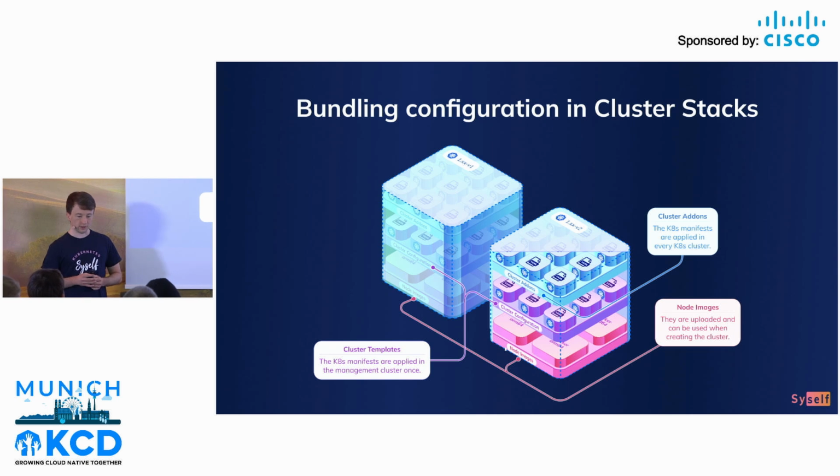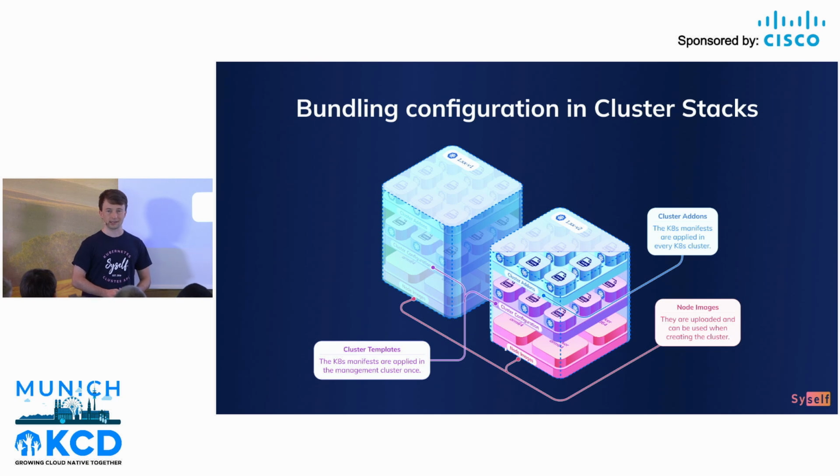So that's what goes into the management cluster. And the third one are the cluster add-ons. I don't know whether you know that term. It's pretty much the very important applications that you have in every cluster. For example, the two I mentioned were Cloud Controller Manager and Container Networking Interface. So these cluster add-ons have to go into every cluster.